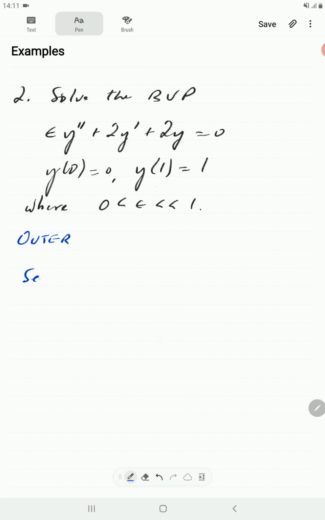So here we're going to seek a solution in the form of a regular perturbation expansion as follows.